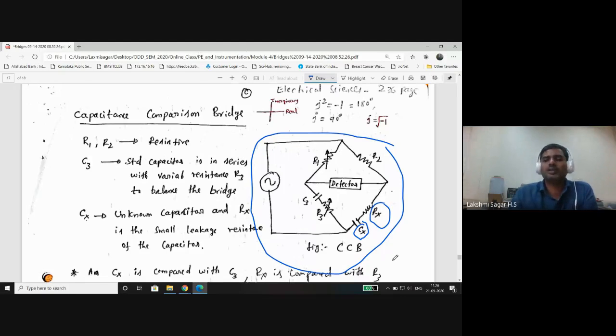This is a very simple bridge circuit. See, all of you solve it and tell me the answer, what you will get.